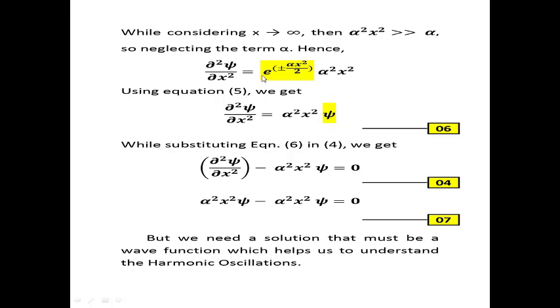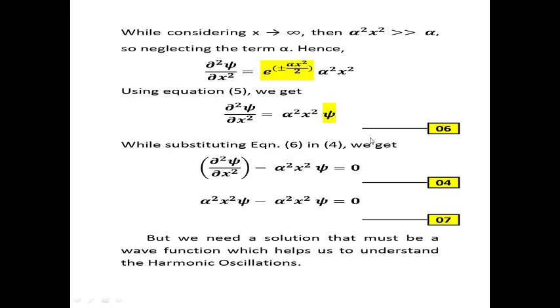You just find this term e power plus or minus alpha x squared by 2 represents the wave function psi, which means the final solution is dou squared psi by dou x squared equal to alpha squared x squared into psi.